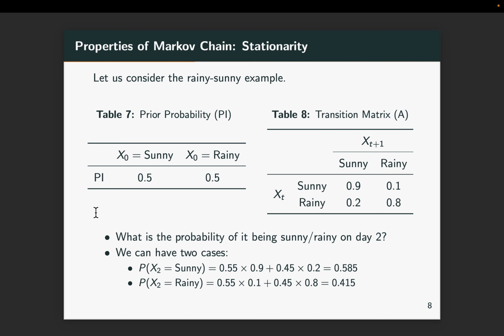You only need to consider whether the previous day was sunny or rainy, and that probability we already know. Probability of x1 being sunny was 0.55. So we just plug that in, times the transition from sunny to sunny, plus the probability of rain the previous day was 0.45, and going from rain to sun is 0.2. If we do the calculations, we will get 0.585 and 0.415.